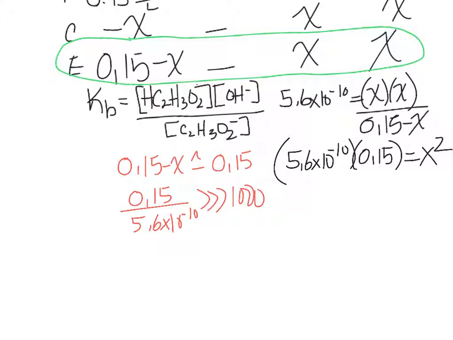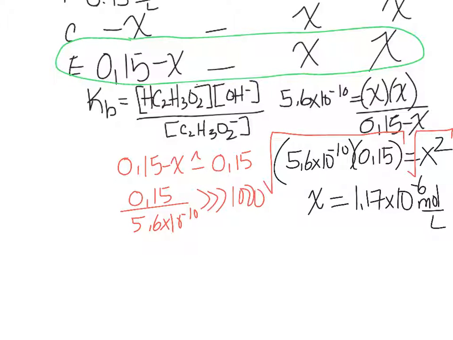Take the square root of both sides. 9.17 times 10 to the negative 6. This is our x, which if you go back to your ice table is also equal to the hydroxide ion concentration.